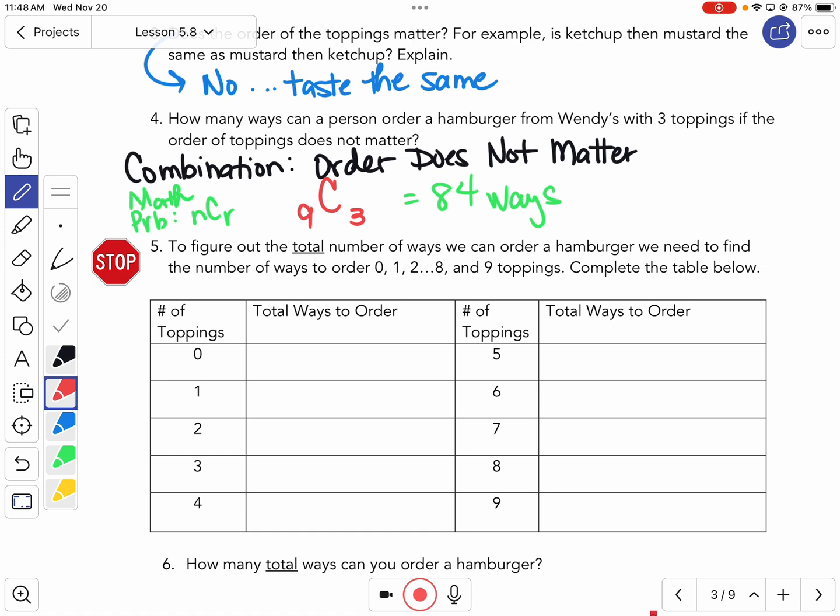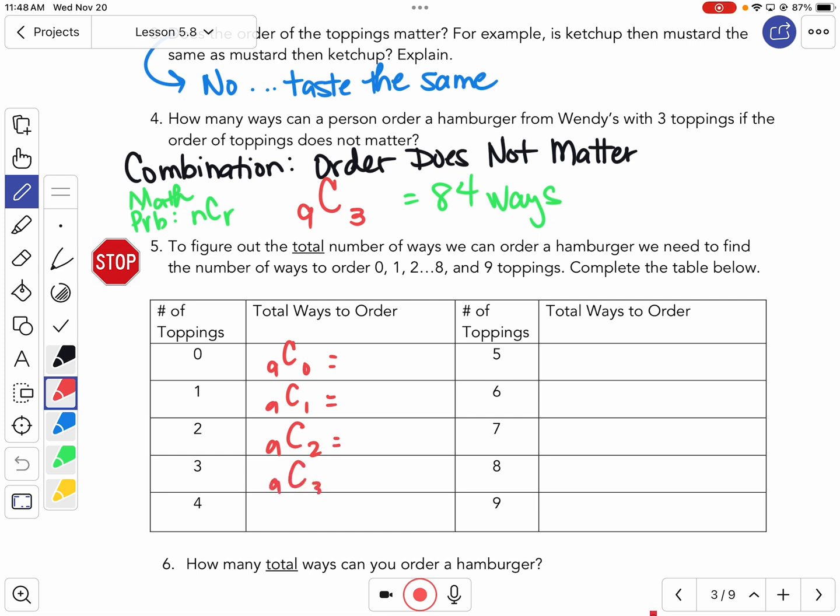So here's what we're going to do for the first one. We've got 9 things, but I'm going to choose none of them, okay? And we're going to get a number. I've got 9 things, and I'm only going to choose 1 topping. I've got 9 things, choose 2, okay? So I want you to do that for all of those numbers using your calculator.